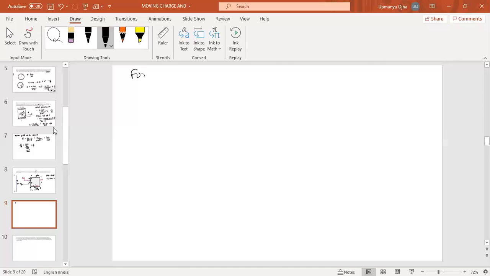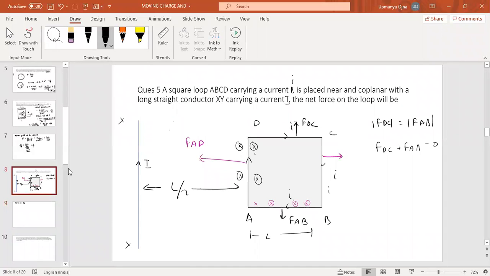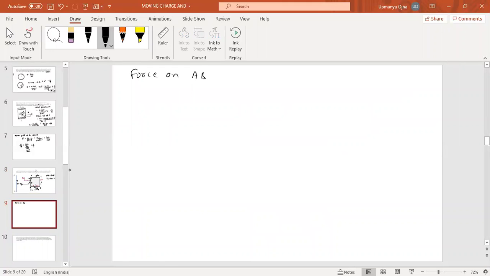The force on the AB wire will be equal to I L cross B. Okay, I L cross B is the force on the wire. And what is the value of the magnetic field there?